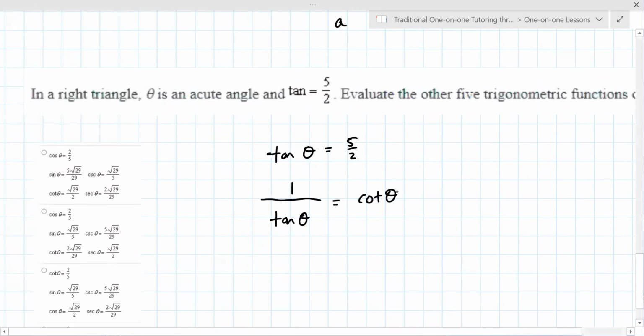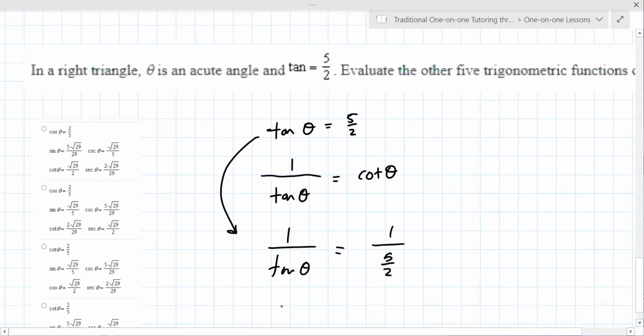So if you flip this to this, you get cotangent of theta, and that means you have to flip this as well. You really want to go 1/tangent theta equals 1/(5/2). Instead of writing tangent of theta, you write cotangent of theta, and instead of writing 5/2, you flip it to 2/5. So notice on the left here, cotangent, cotangent, cotangent, and cotangent, they're all 2/5. So that didn't help very much.